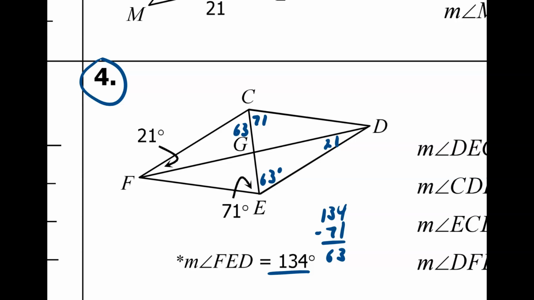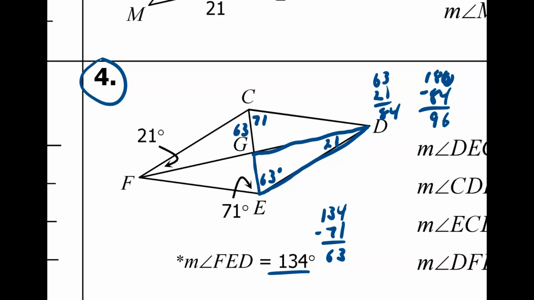Okay, now you may notice that there's a new triangle that was just formed here, that we have two of the three angles, which means now we can jump from thinking about parallelograms to just thinking about triangles. These two angles inside this triangle add up to 63 and 21 is 84. So 180 minus 84 gives us 96.